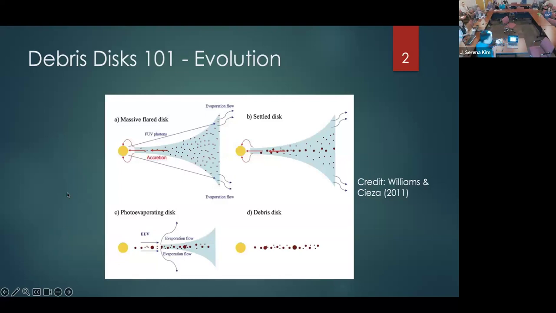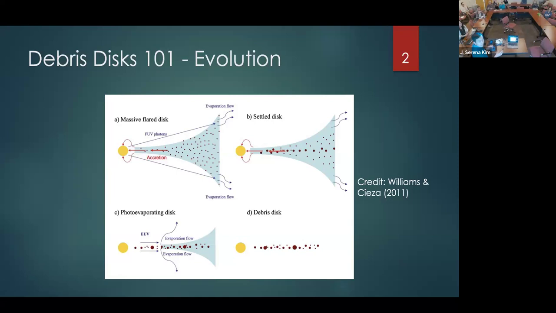Okay, so for those of you not familiar with debris disks, we can think of these as a midway stage of the planetary formation process. Some of you who may work on protoplanetary disks may be familiar with these massive flared structures full of gas and dust. These are very young.